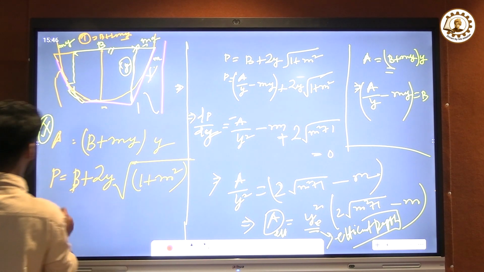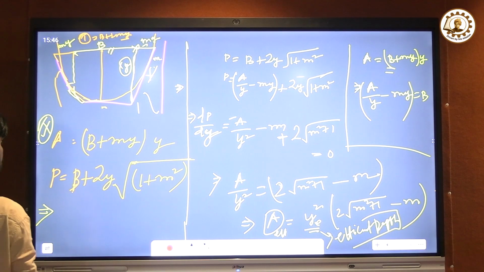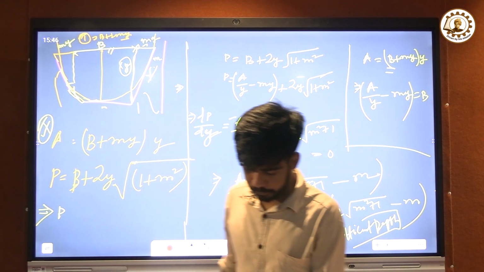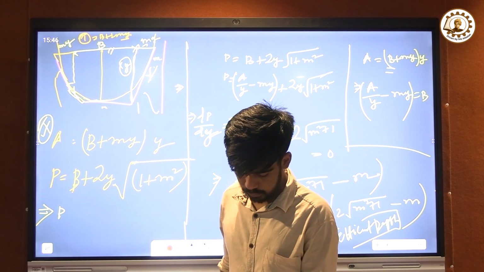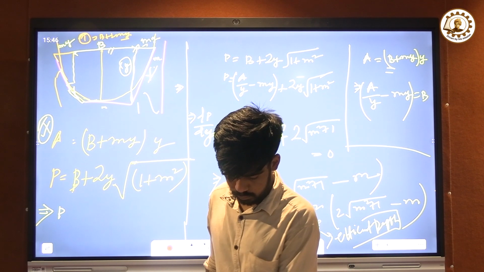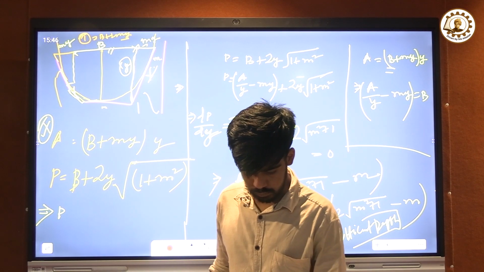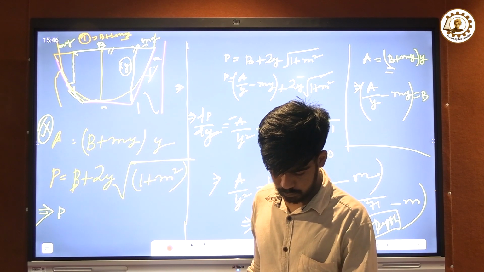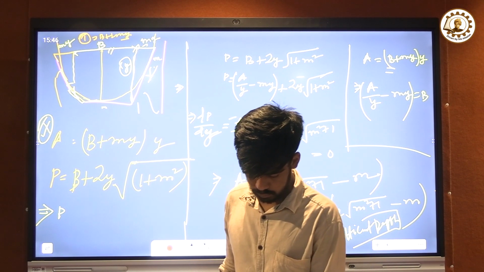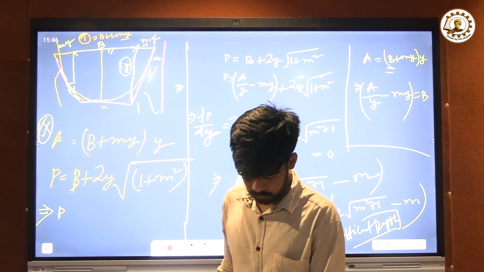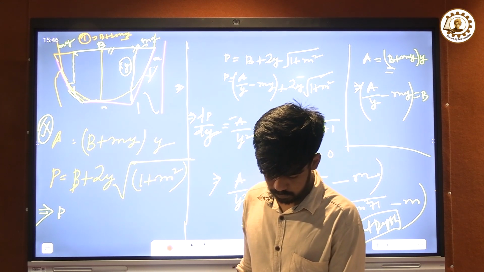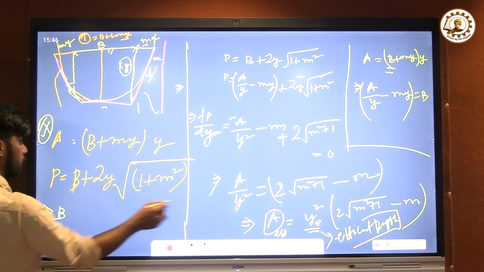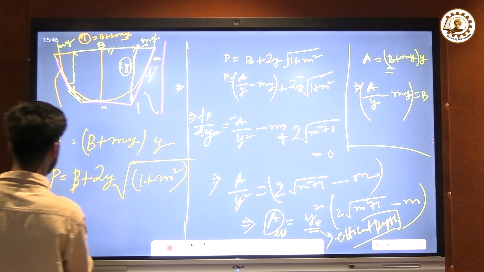Now when our area is done, what is our B? If we get our area, then what is our B?